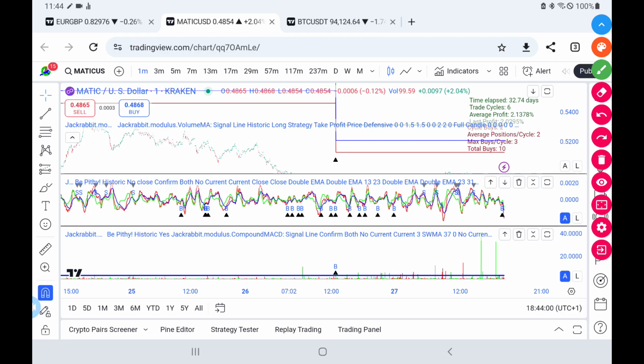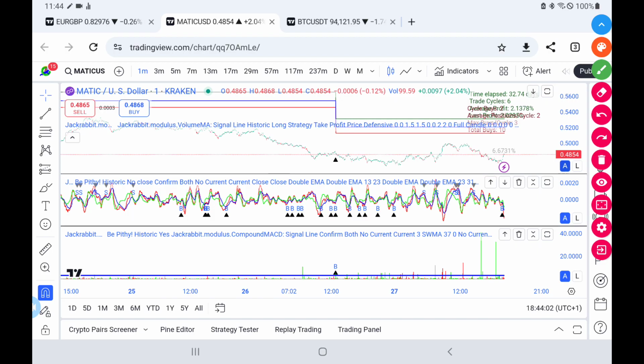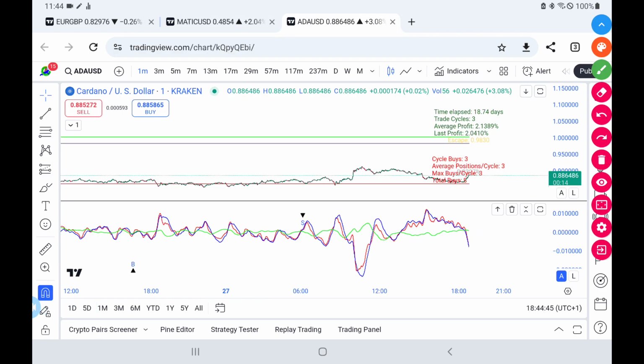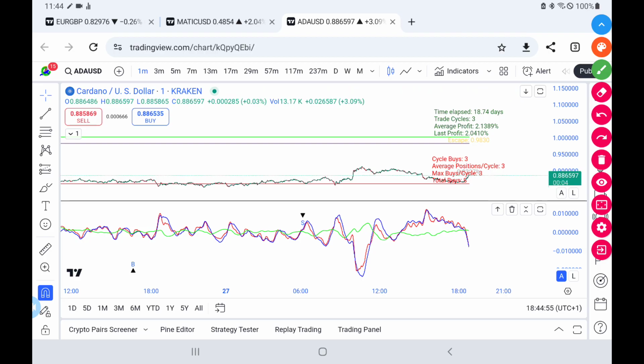So, let's take a look at a few other entries. Looking at ADA, we see we have made 3 cycles, and the highest number of purchases per cycle is 3. ADA is a rather interesting asset lately, and it is expected to go into a bullish state over the next couple of weeks.